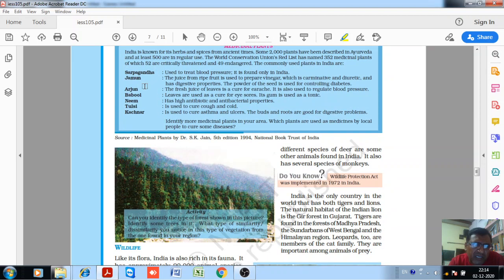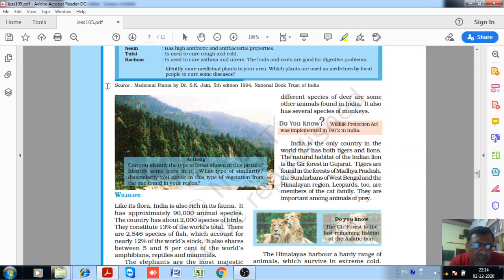You can see different plants like jamun, arjun, babul, neem, tulsi, kachnar and sarpagandha. These are the different plants which you can study for medicinal uses. The source is also given here: Medicinal Plants by Dr. S.K. Jain, 5th edition of 1994, published by the National Book Trust of India.